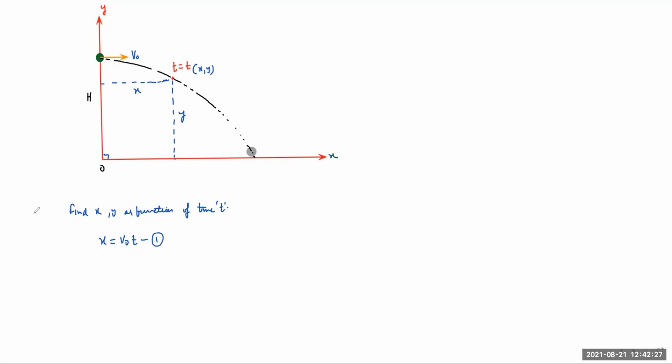Yes, sir. Sir, I applied that only. No. So if you apply it, what are you getting for y? Tell me that y answer. y equals t square g by 2. That's wrong.